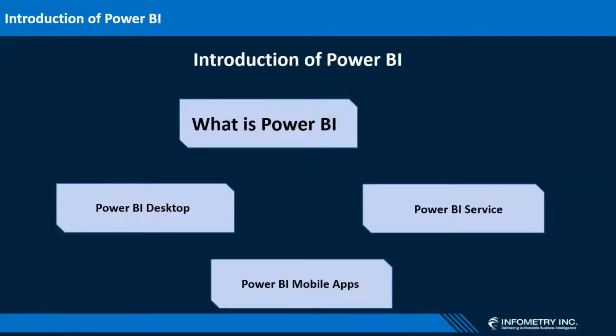The next element is an online service called the Power BI service. After a report is ready to share with others, you can publish your report to the Power BI service and make it available to anyone in your organization who has a Power BI service license.